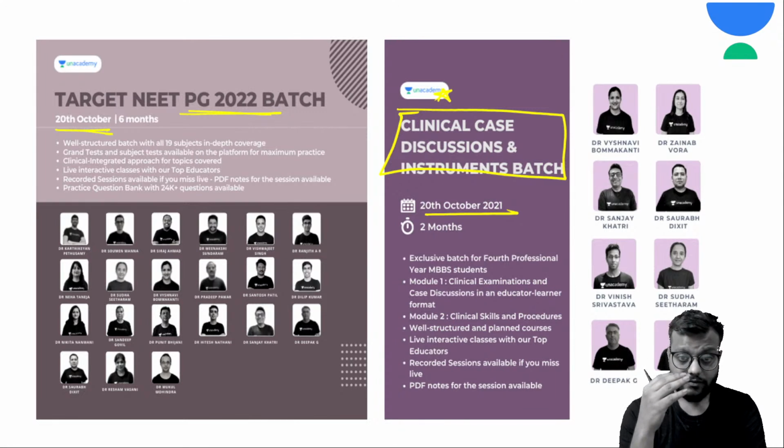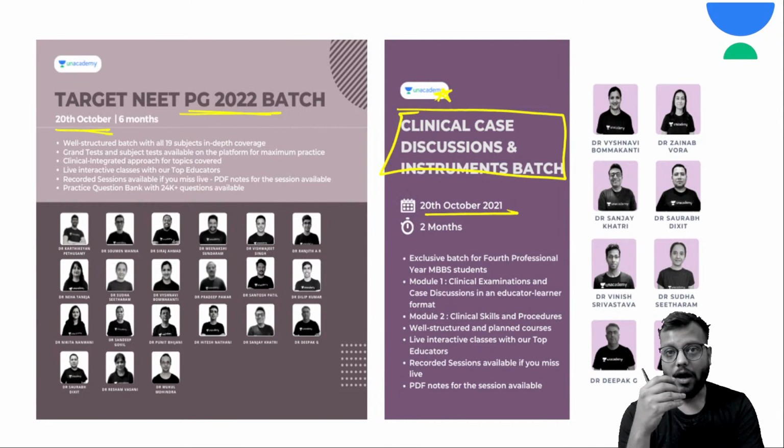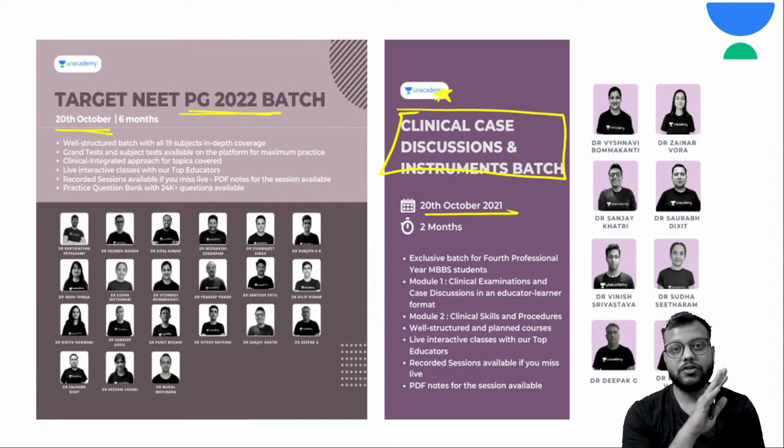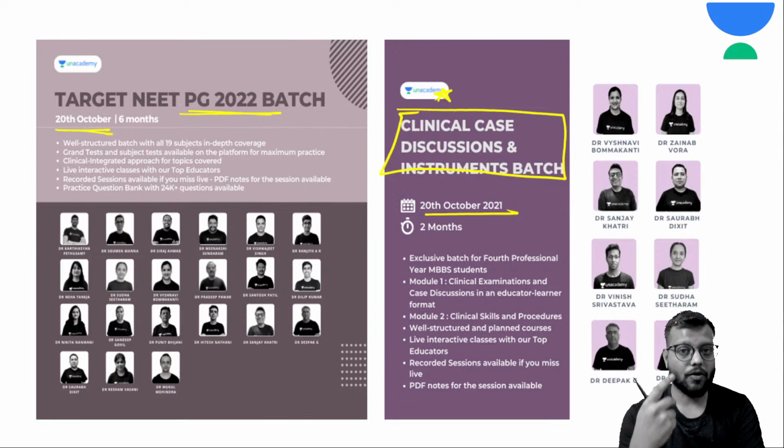But in this batch you will see all the things that you read in theory in the patient. आप patient में देखेंगे कि how it looks like clinically, so you will never forget them. You can understand the concepts very well, and it will also generate your interest towards your study, your topic and the subject, which is very important. Also you can do well in your next type of examination pattern and the practical part of the examination.